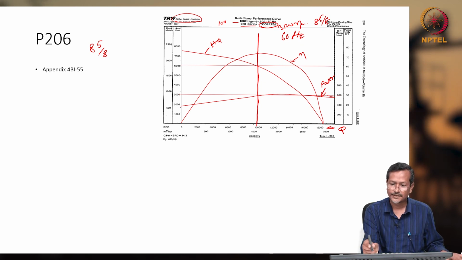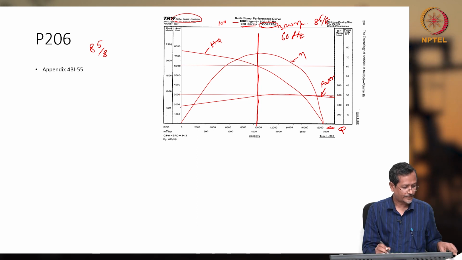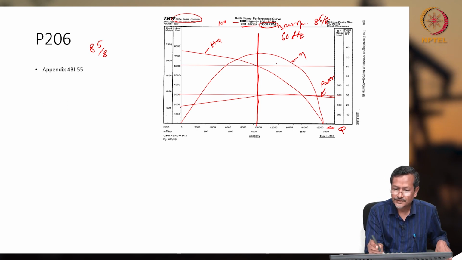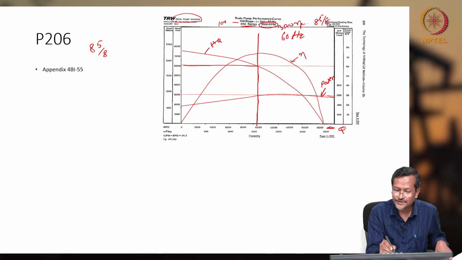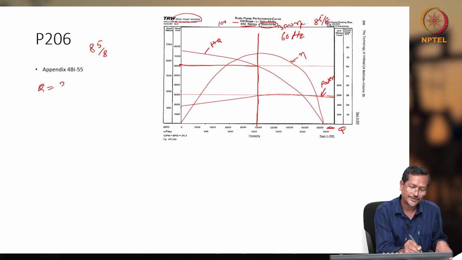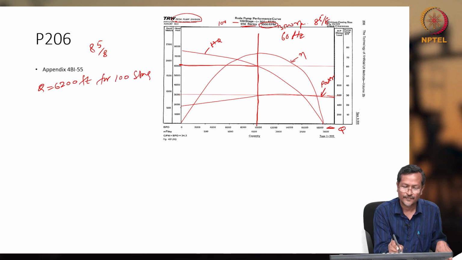So this is a 650 series pump, and it is giving, if I see, this flow rate is here, 6200 about. Okay, so Q is becoming 6200 feet for 100 stages.